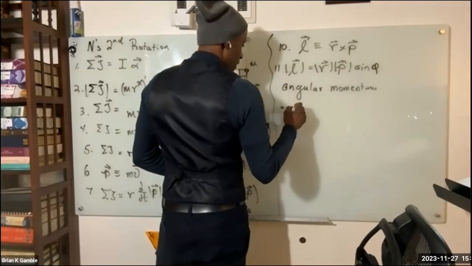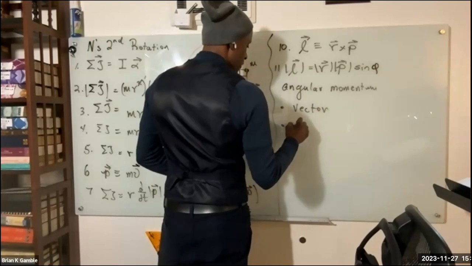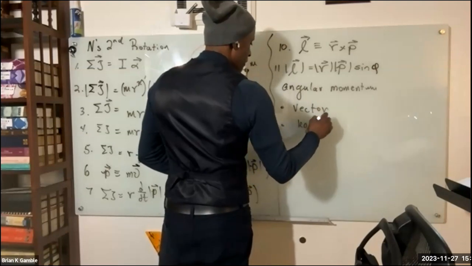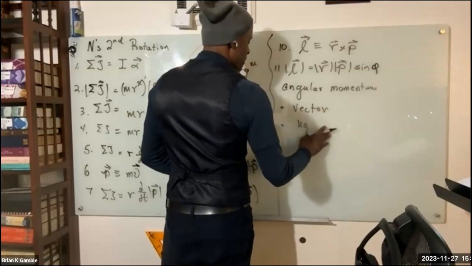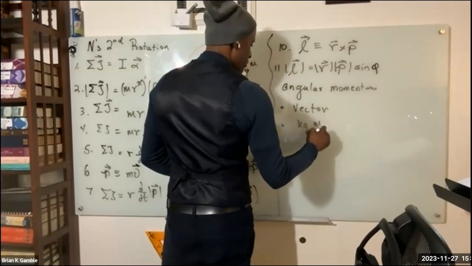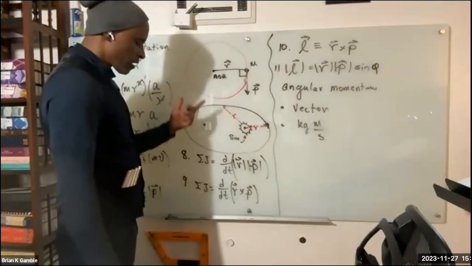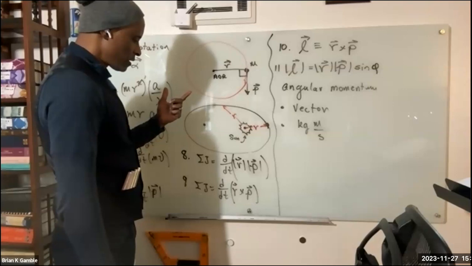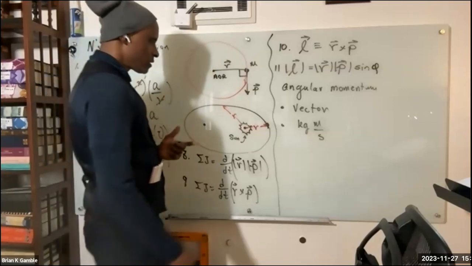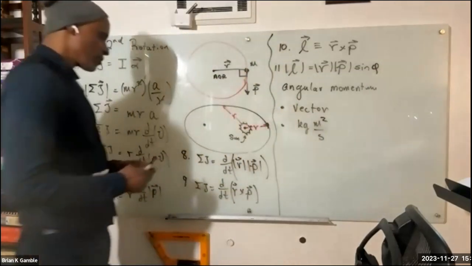And it's a vector quantity. Its units are kilogram meters per second, sorry, what? No, I'm right. It is meters squared per second. Kilogram meter squared per second, right?